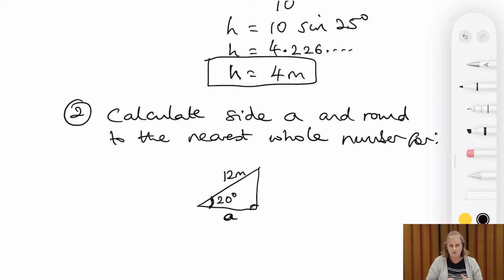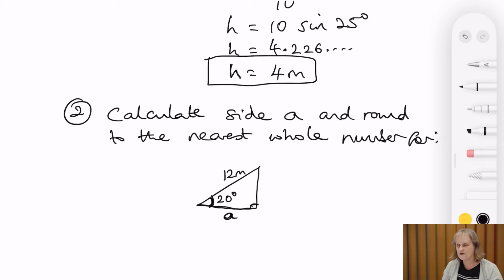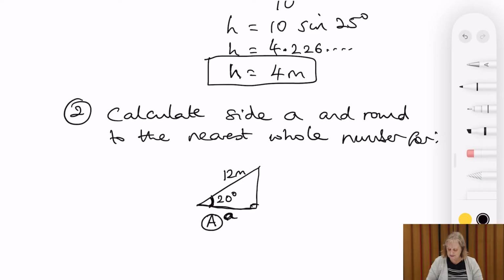Now, how we label this with the hypotenuse, the adjacent or the opposite side, is indicated by the angle that we're given in the question, the 20-degree angle. So we know the side that we want to find, A, is adjacent to the angle given, the 20 degrees, and we recognize the longest side of 12 meters is the hypotenuse.